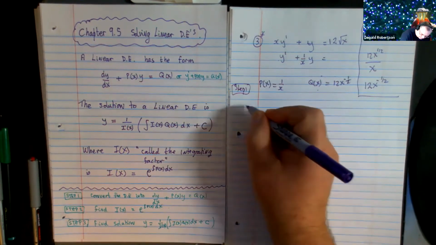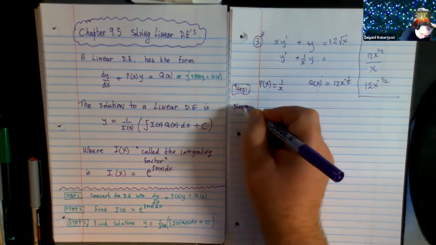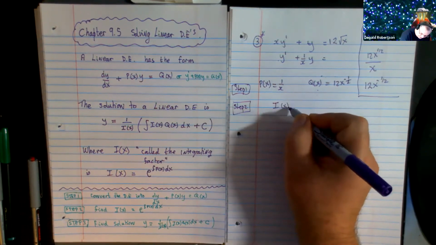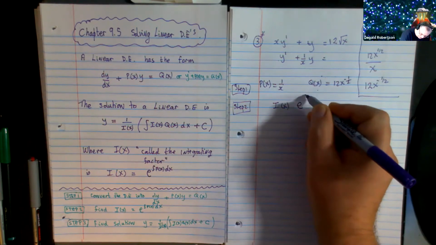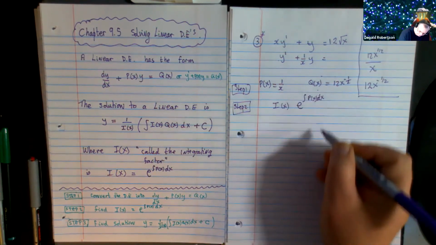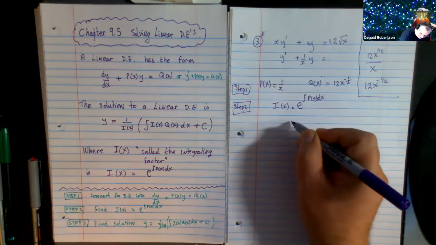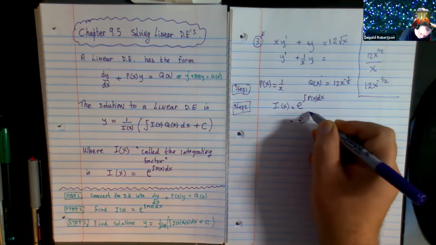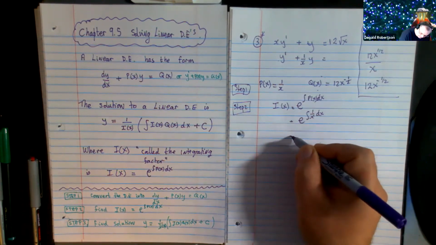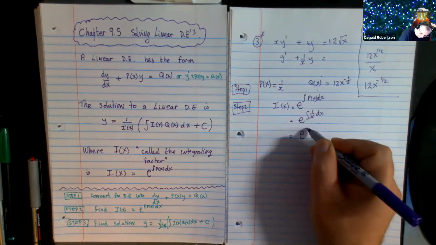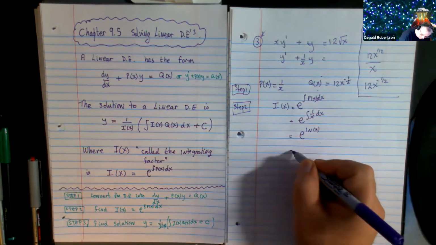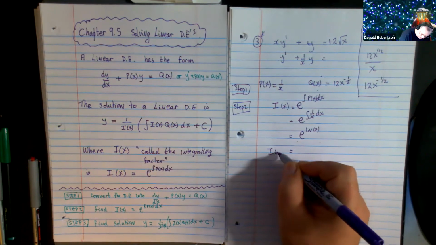Let's do step 2 now. Integration factor is E to the integral of P(x) dx. E to the integral of 1 over X dx. And the integral of 1 over X is the natural log of X. Now think style points.